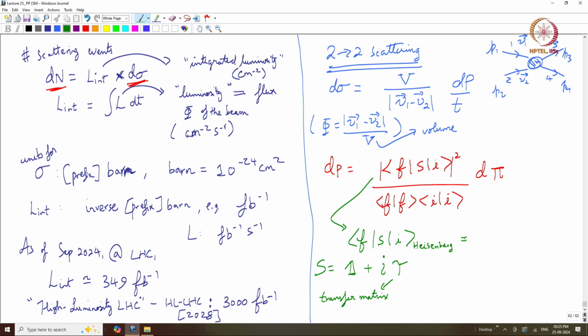We can re-express this in the Schrodinger picture, where my final state is something that I take at infinity, and the initial state is at t equals minus infinity.